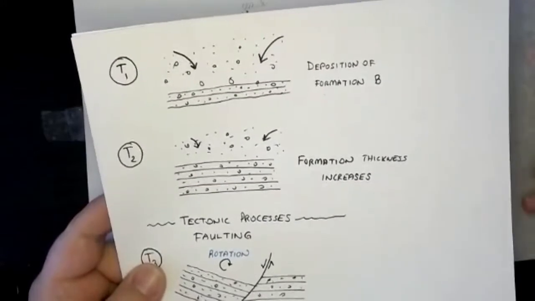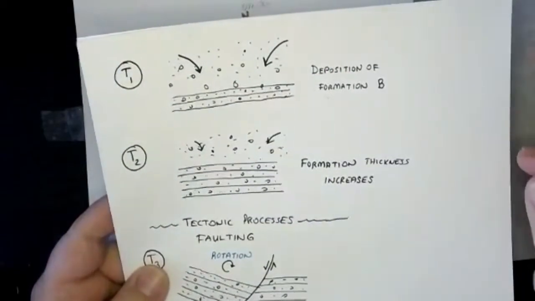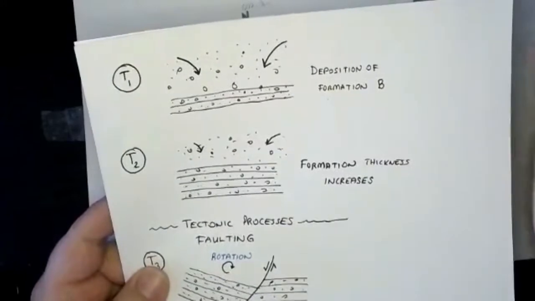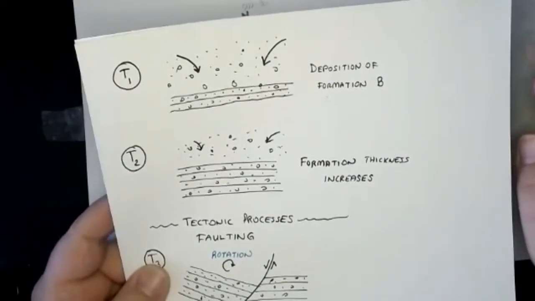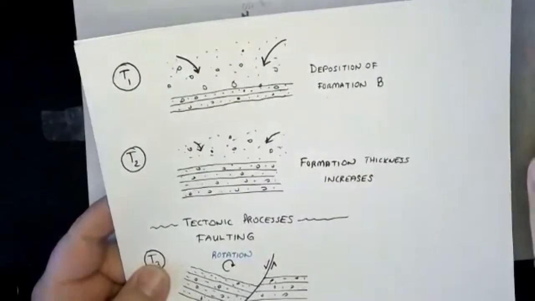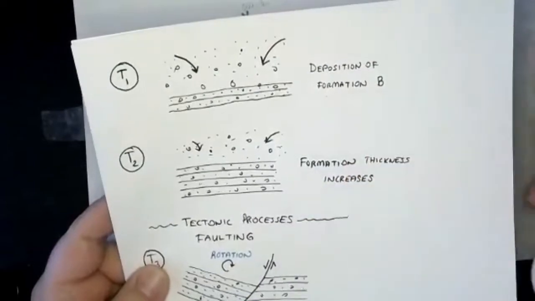And within that sedimentary basin, these sediments, rock particles, will form horizontal layers. So that's the depositional formation B. And all sedimentary units will form horizontal layers initially, and these horizontal layers will be parallel to the surface.